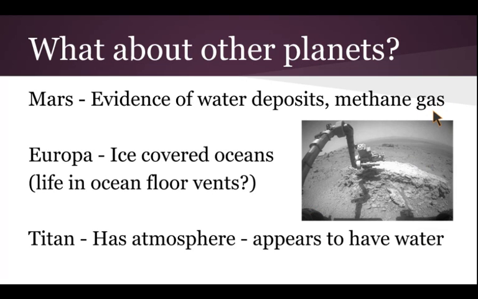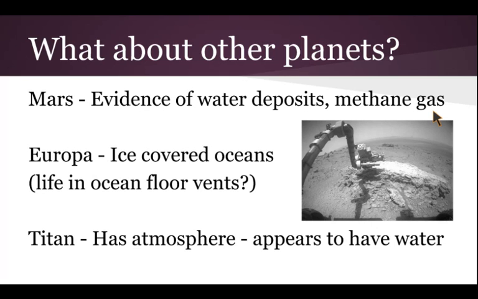So our question then, and what you guys are going to be researching later today, is what about other planets? So Mars has evidence of water deposits, and it's got a methane gas atmosphere, two of the things that help make Earth habitable, let us live here.